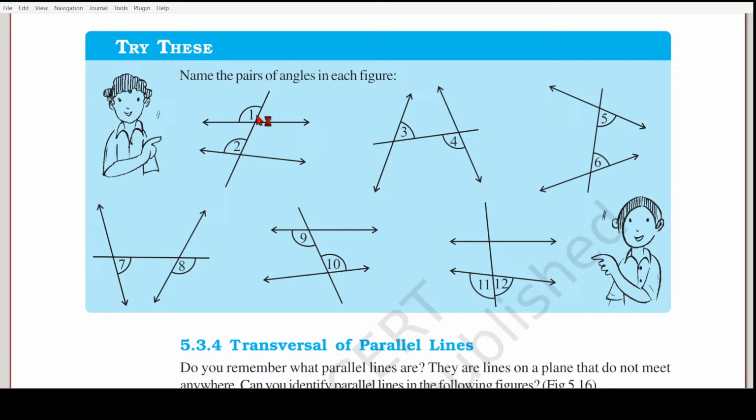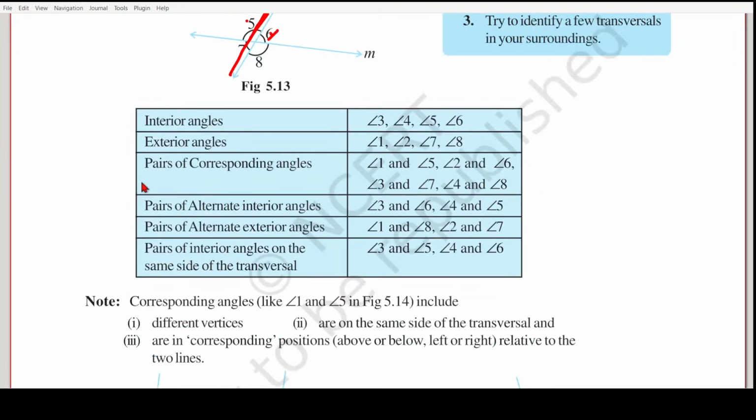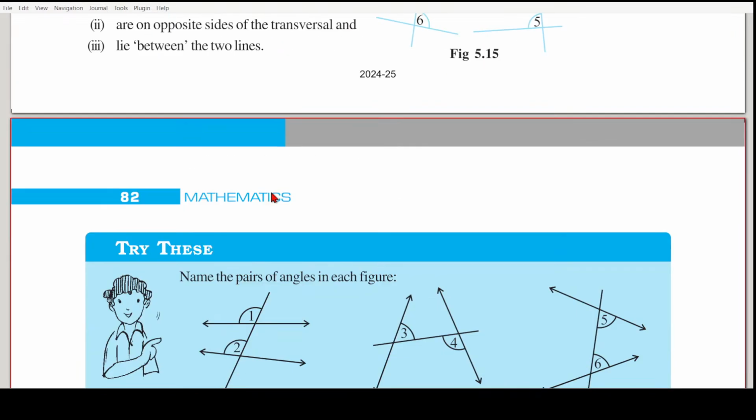First of all, is 1 interior? Just check. Is it interior or exterior? Careful, it's exterior. So 1 and 2 are not interior angles. They are definitely not interior angles, and they are definitely not exterior angles also. So they are corresponding angles, right?